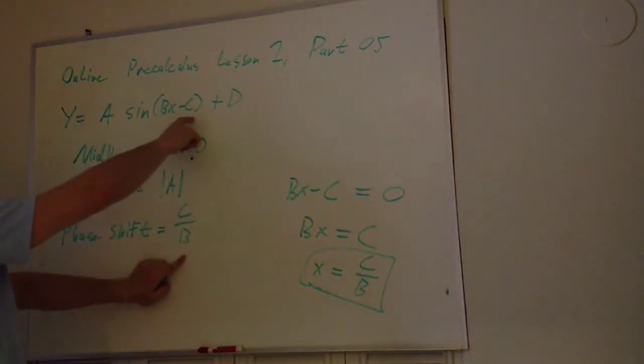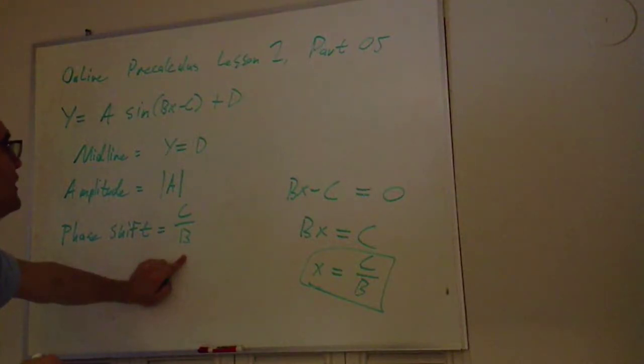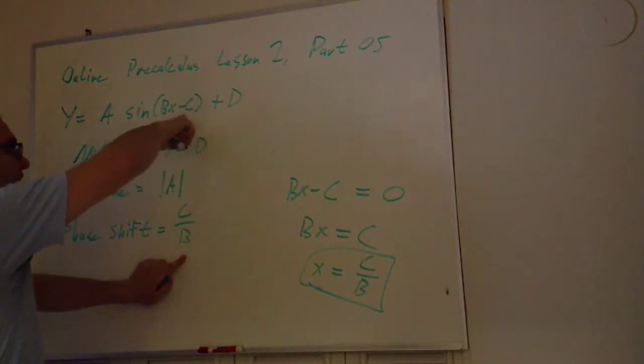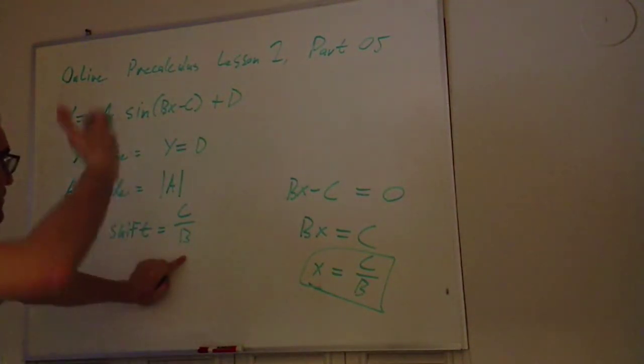If the problem you're working on has a plus here, like plus pi over 2 or something, that plus pi over 2 means that your c value is negative. That's why you have to be careful about keeping these things straight.